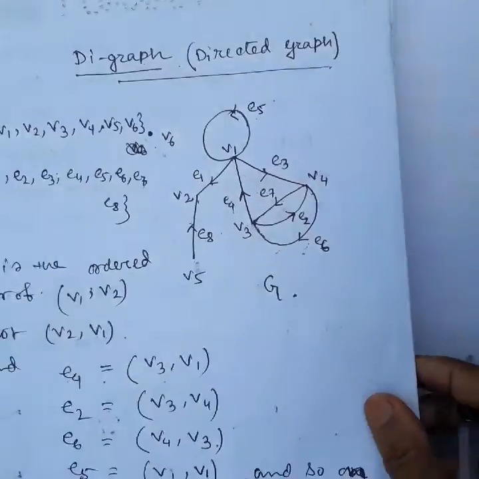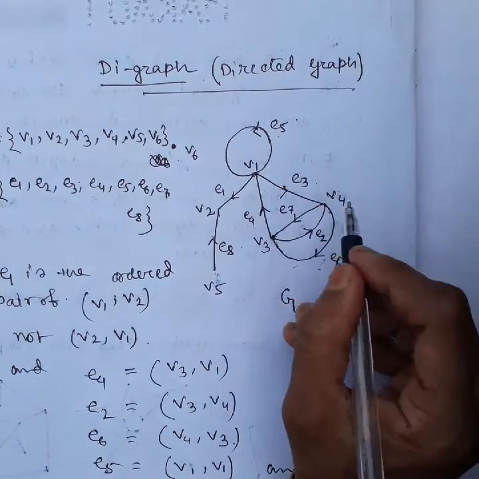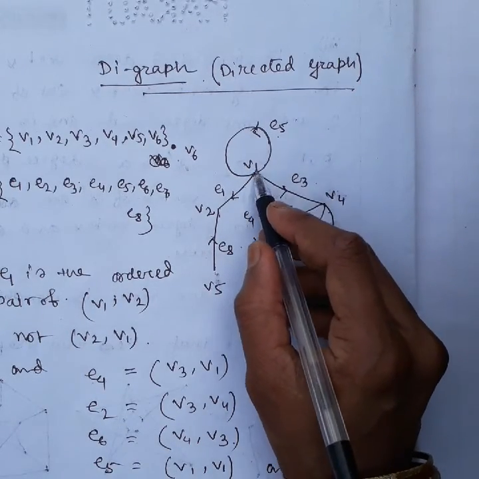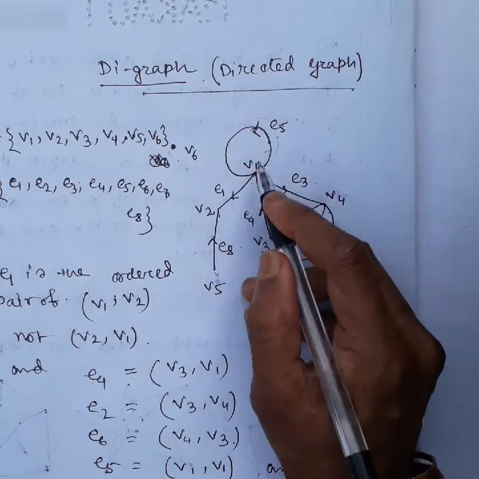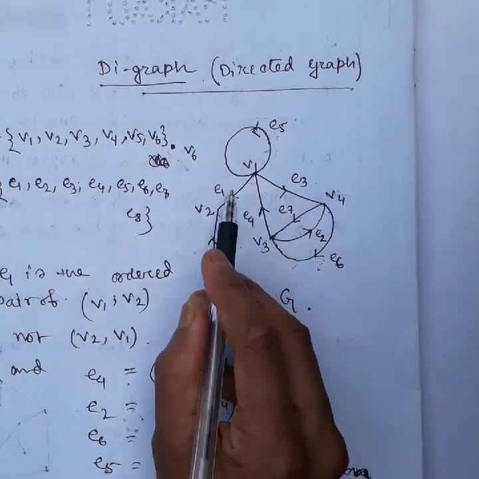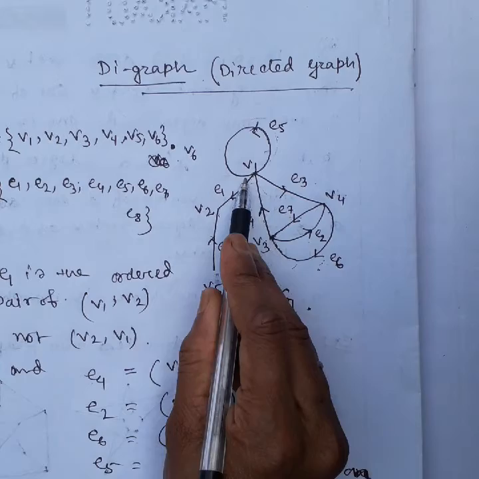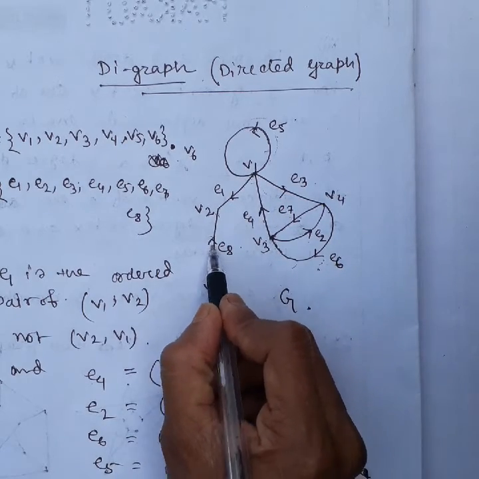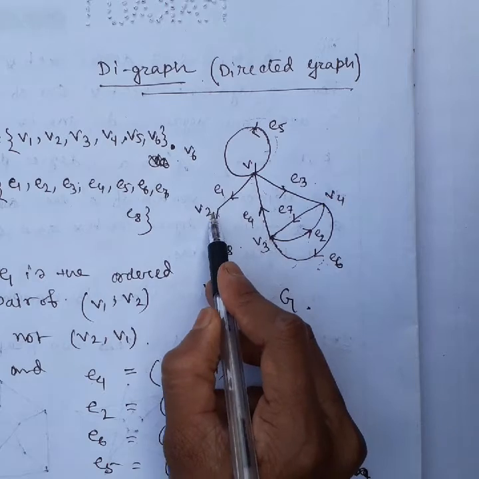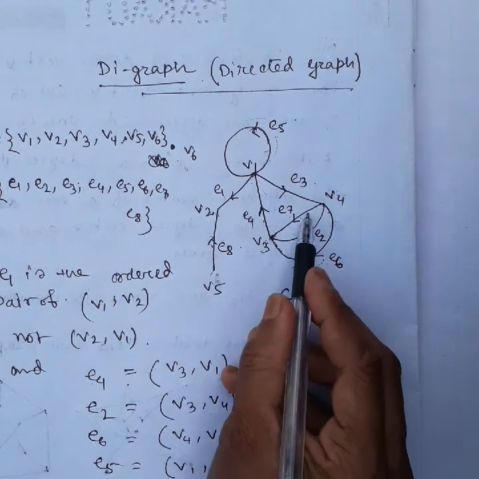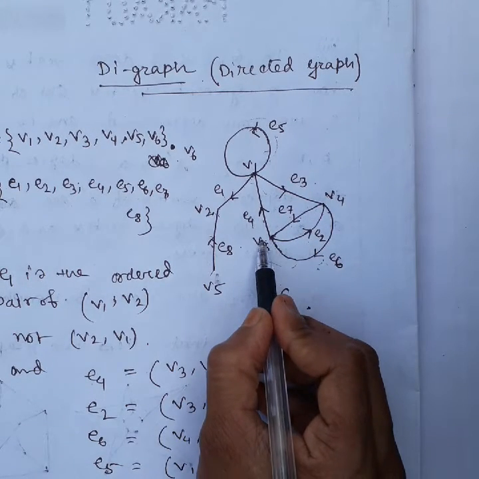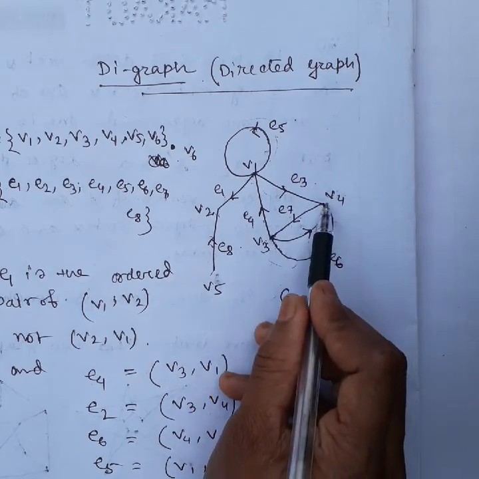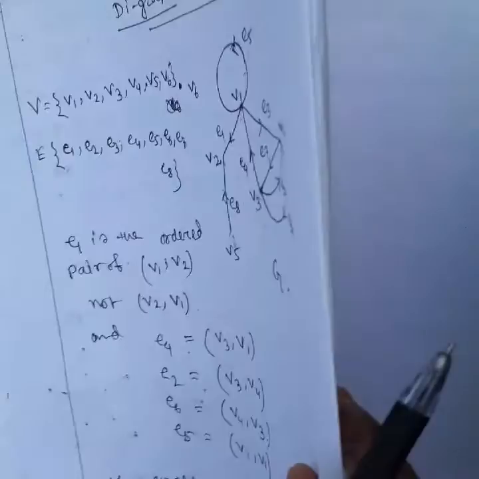That means V1 is the terminal vertex of E5. As it is a self loop, it is both initial vertex and terminal vertex. And V1 is the terminal vertex of E4. Clear? V2 is the terminal vertex of E8 and also of E1. V3 is the terminal vertex of E7 and E6. V4 is the terminal vertex of E3 and E2. Clear?